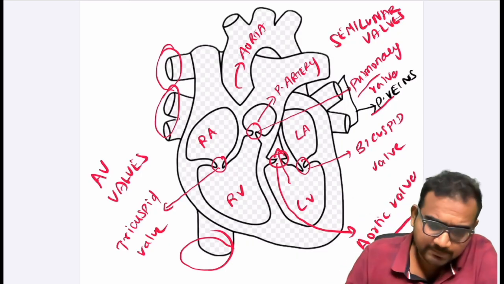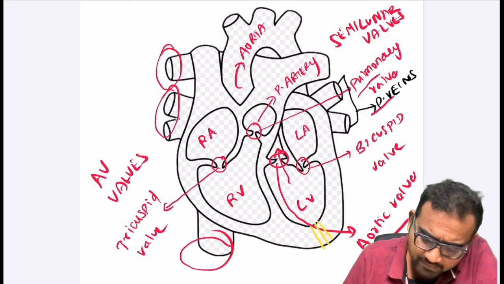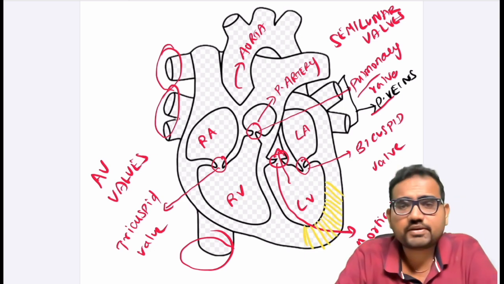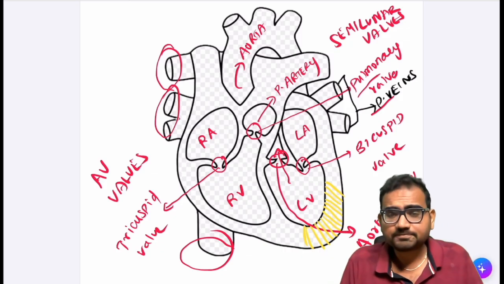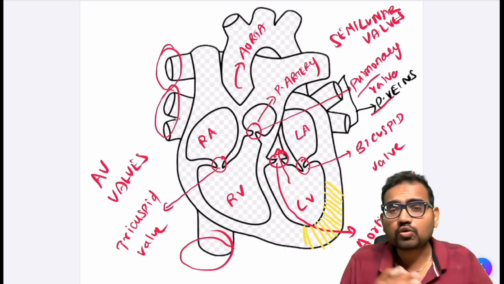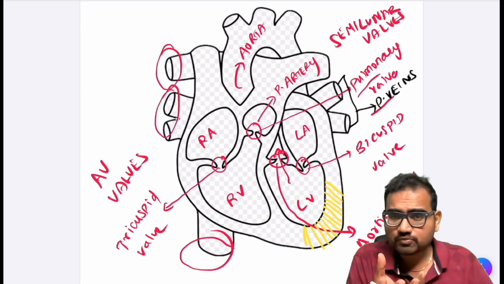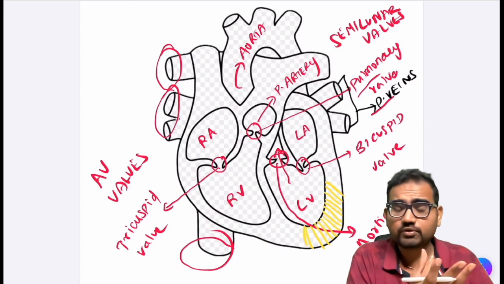Also, if you see, the heart is slightly bigger on the left ventricle side than the right ventricle side. Why? Because the left ventricle is mostly myocardium. The muscle is more on the left ventricle, because the blood has to be pumped by the left ventricle into the aorta.